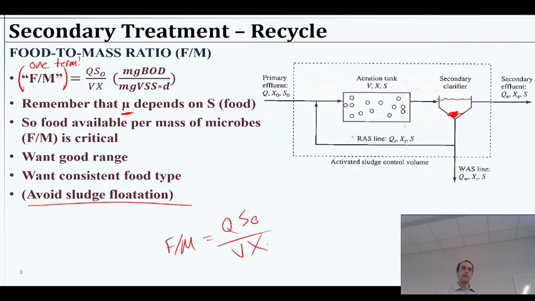So really the only thing you can change is X. So X would be a variable that operators could manipulate. And if we think back on our system, the control here would be to control how much X we discharge, right? So how much we discharge controls how much we recycle, which ultimately controls how much we have in our system. So if we need to control the food to mass ratio, we control the mass of bacteria.